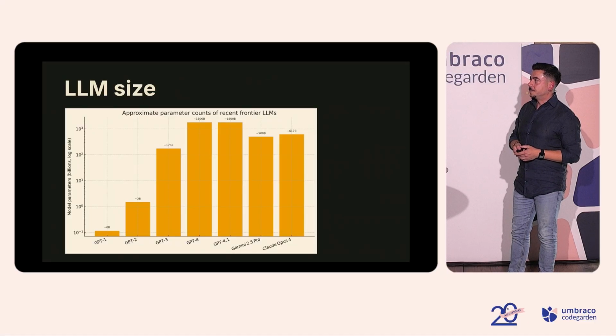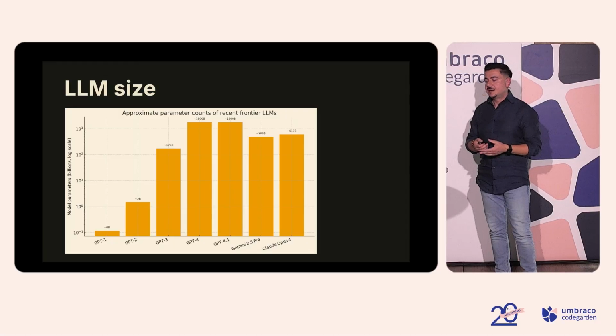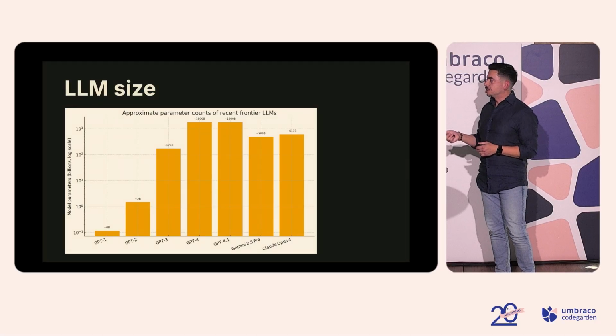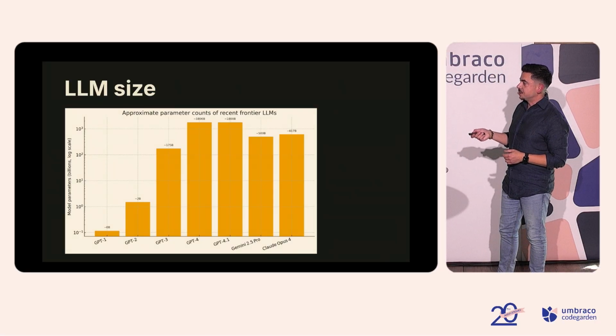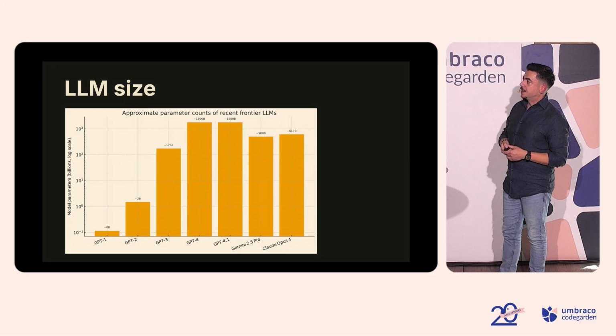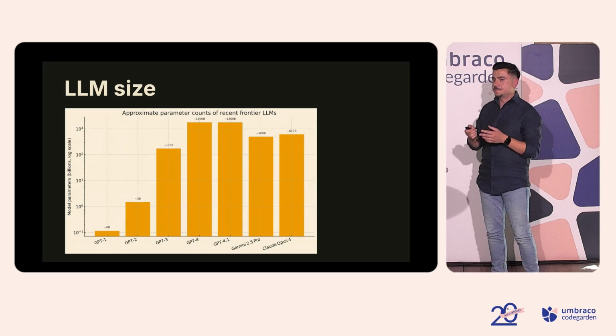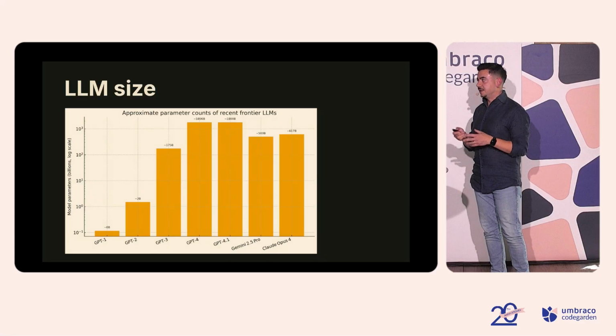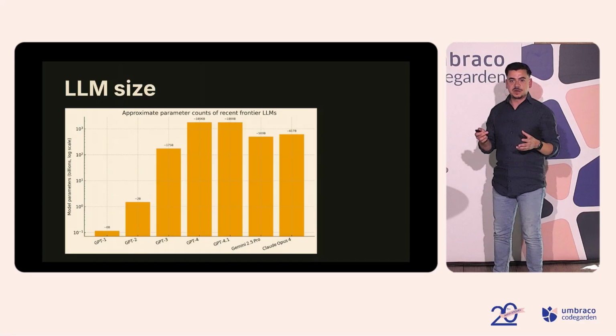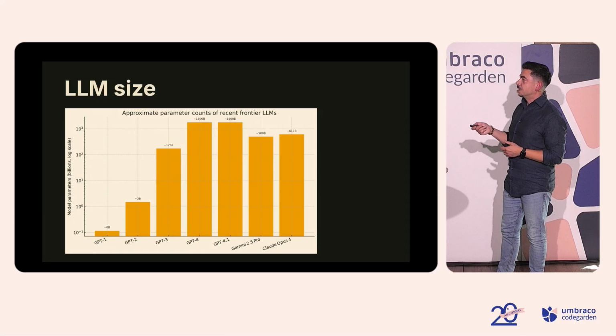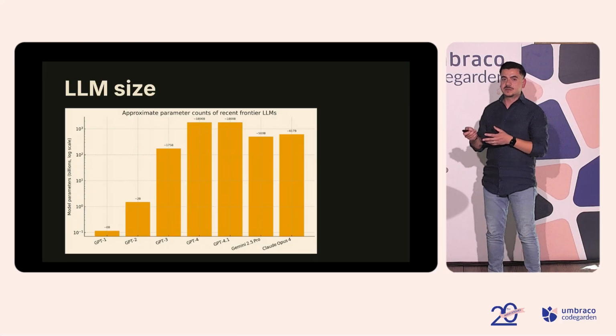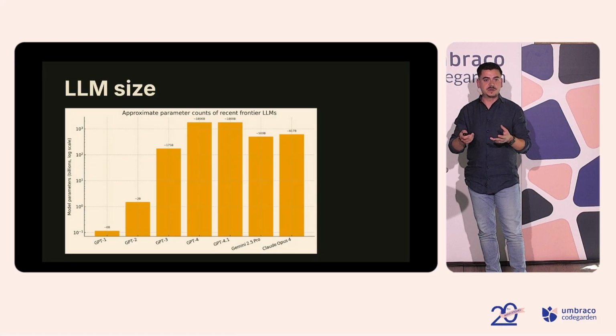And the size of an LLM also matters. As you can see here, the size of the parameters has grown. The parameter size defines the amount of data and training that went into these models. The more parameters are in the model, the more knowledge is in the model.